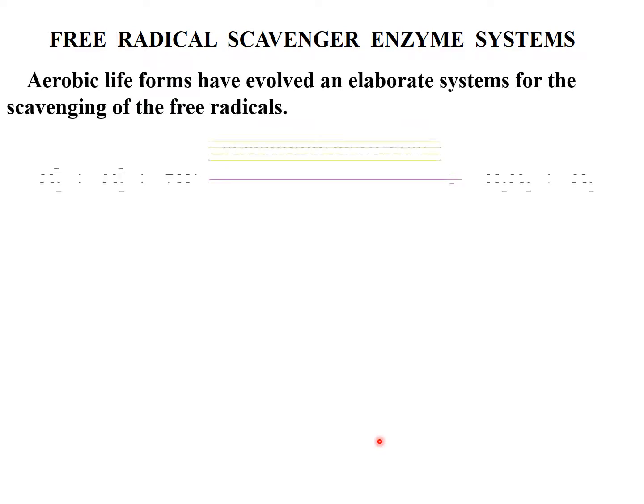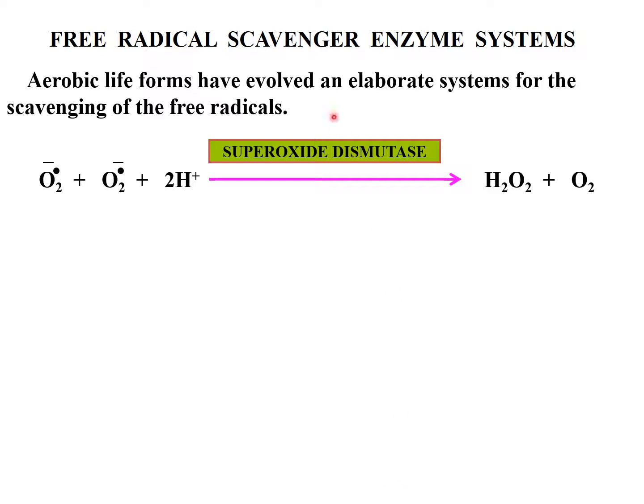The first one is this particular enzyme, superoxide dismutase. Now we all know superoxide refers to O2 dot negative. The dot indicates an extra electron, the negative sign indicates the negative charge of the electron. So this particular enzyme takes two such superoxides.